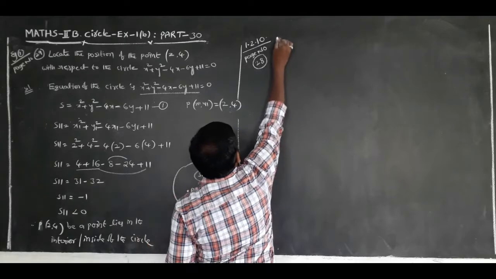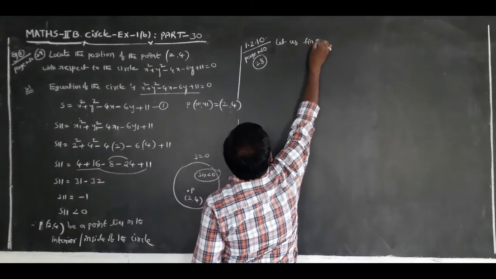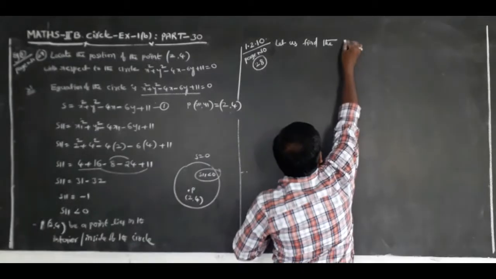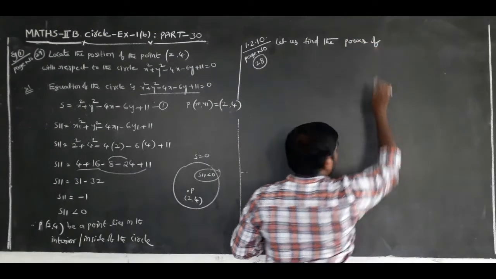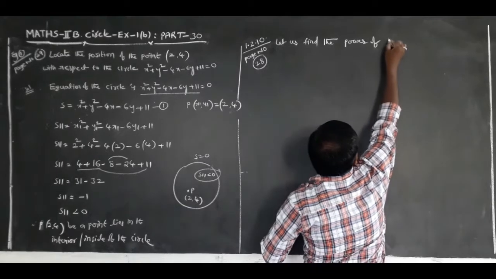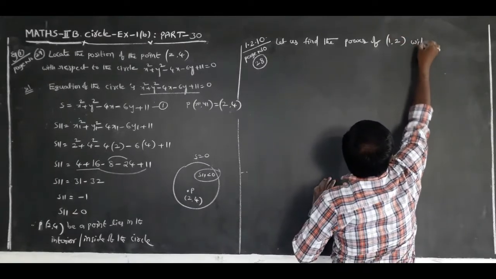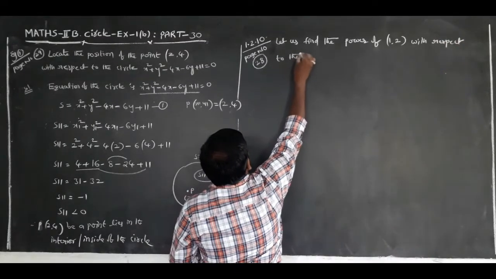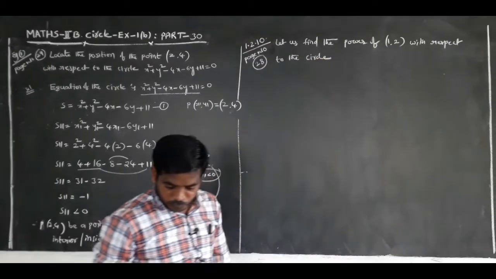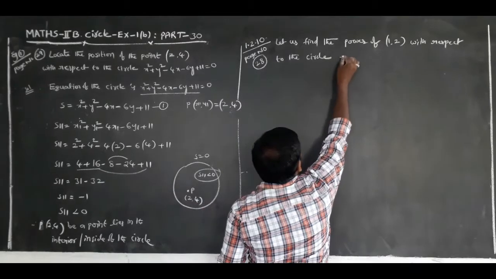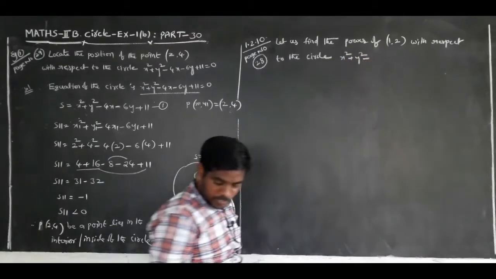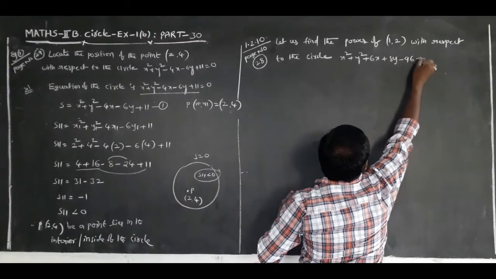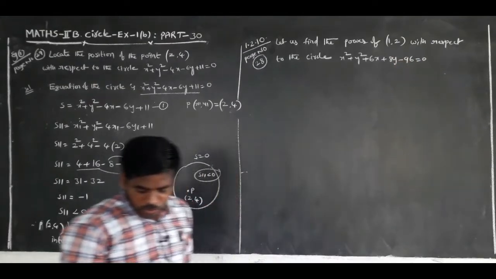Let us find the power of the point (1, 2) with respect to the circle x² + y² + 6x + 8y − 96 = 0.